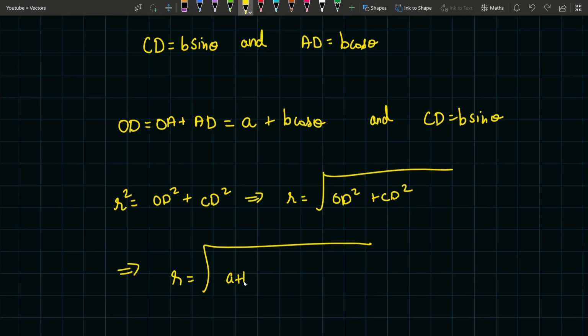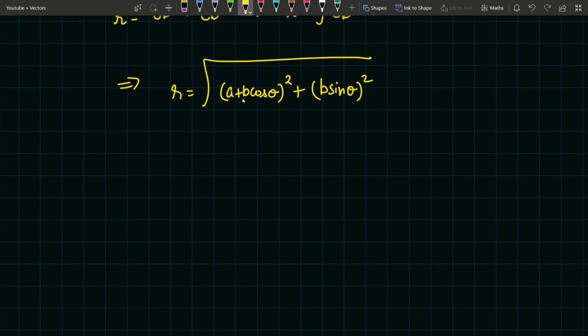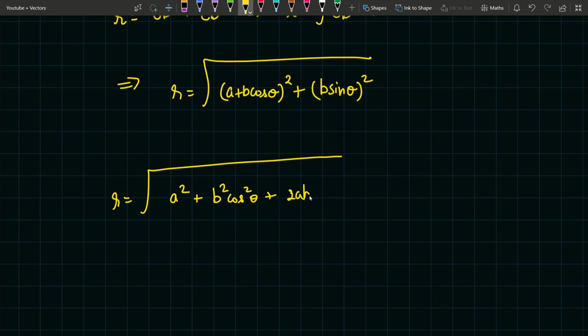So it's A plus B cos theta the whole square, plus CD is B sin theta, so B sin theta the whole square. Upon expanding this using the A plus B whole square formula, R equals root of A square plus B square cos square theta plus 2AB cos theta plus B square sin square theta.